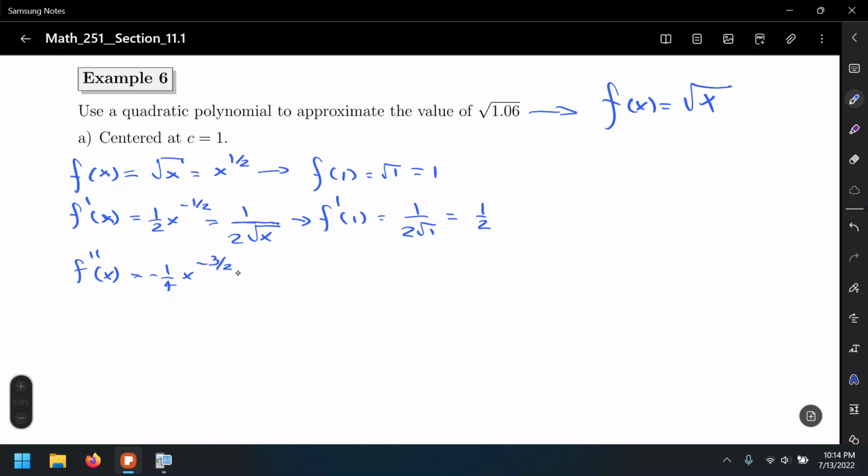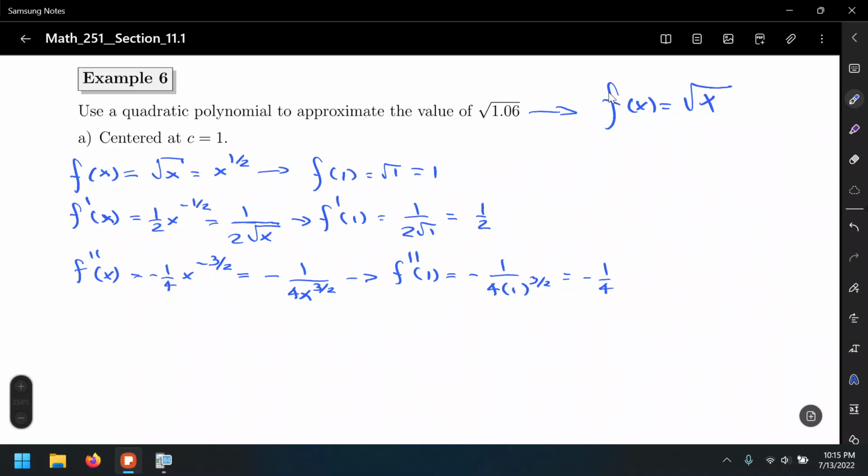So f double prime of x equals negative 1 over 4x to the 3/2. Evaluating the second derivative at 1, we get negative 1 over 4 times 1 to the 3/2, which equals negative 1/4.